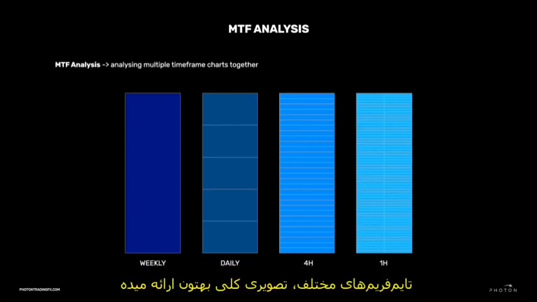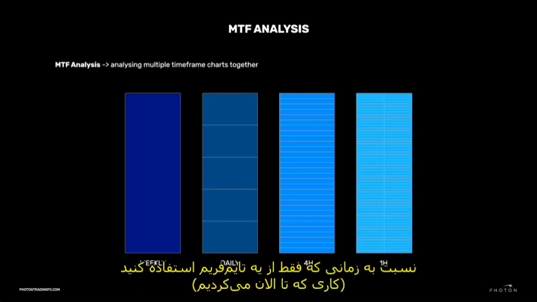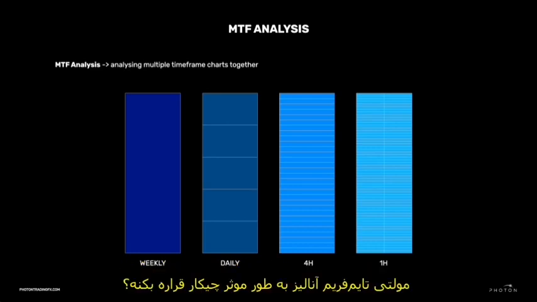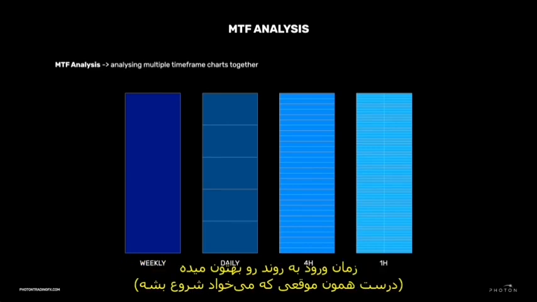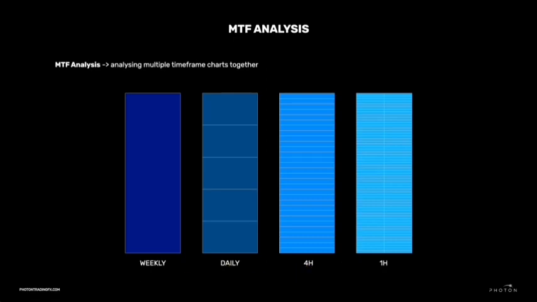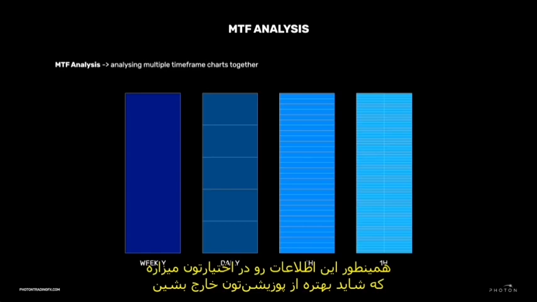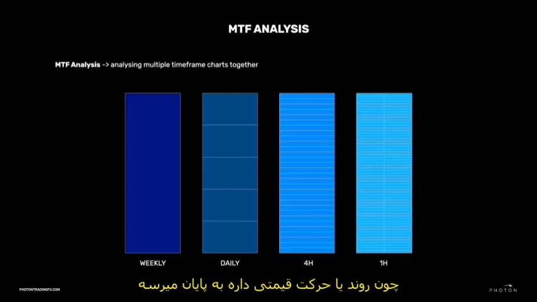So multiple timeframes give you the whole complete picture compared to just using one timeframe, which is what we have done so far. Analyzing multiple timeframes effectively is going to give you the time to enter a trend just as it's about to begin, so you can get right in at the start, but it will also provide the indication that you maybe need to exit your position just before that trend or run is about to come to an end.